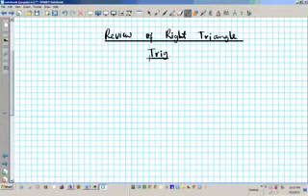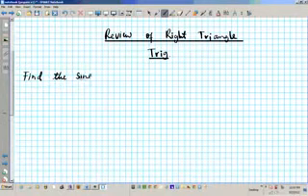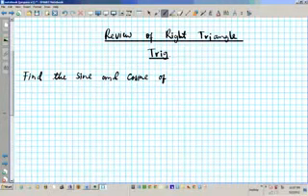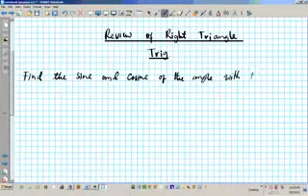All right, so let's take a look at the first example we're going to do, but we'll write down the instructions first. So this is instructions. Find the sine and cosine of the angle with the given trig function.